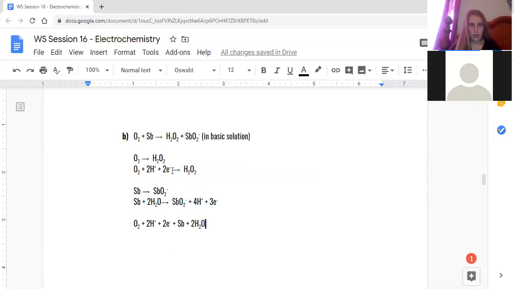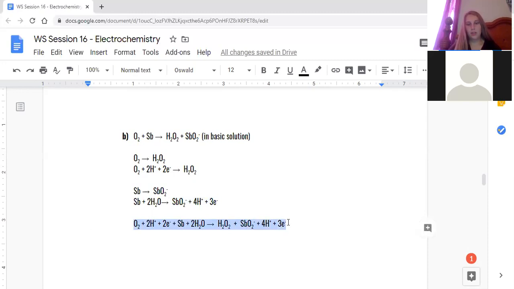And then we're going to have this, plus everything on the left side of the arrow over here. So we have all of that.